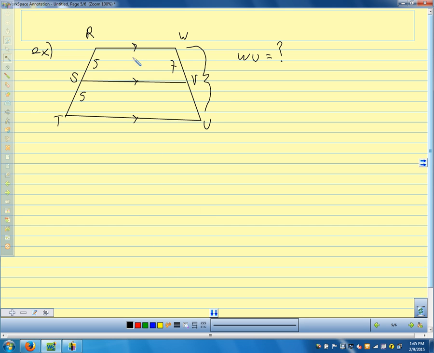Well, here we have 3 parallel segments, and these 2 are congruent. So what does that tell us about these 2? They're congruent. That was what our theorem said. So if this side is 7, what's this whole thing? 14, so WU equals 14. That one was easy.